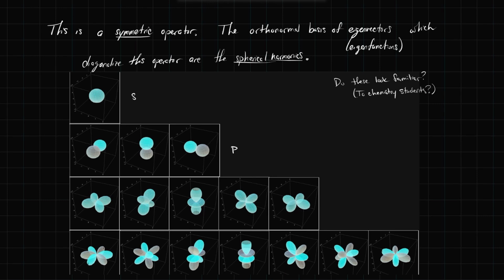S, P, D, F. These are the electron orbitals of a simple atom. Simple meaning maybe hydrogen or something else that's not really bonded to anything else. But when we just look at the orbitals of a single atom, S, P, D, and F, these actually 100% correspond to our periodic table.